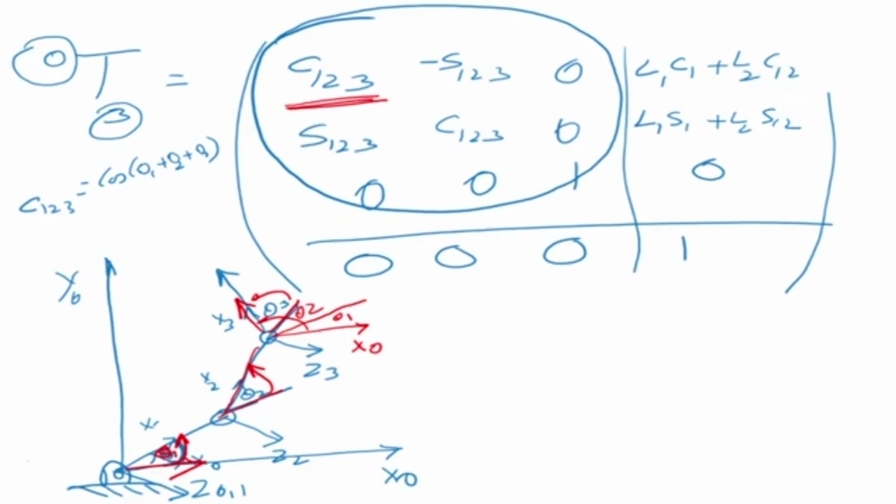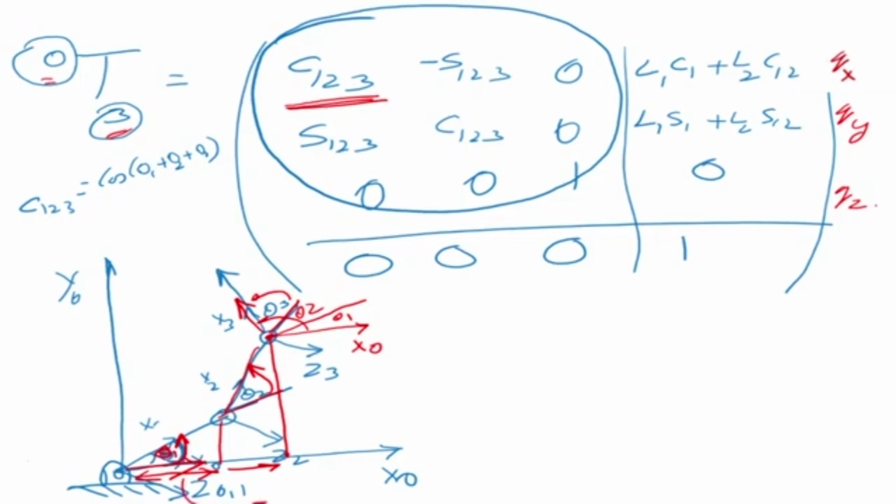Now what about the origin of this frame 3? This is giving the distance in the qx, qy, and qz. Okay, distance between the origins of frame 3 and frame 0. So is it correct? What is the displacement in the x direction? So this is my x direction. So if I project it on the x-axis, then it is this distance plus that distance.